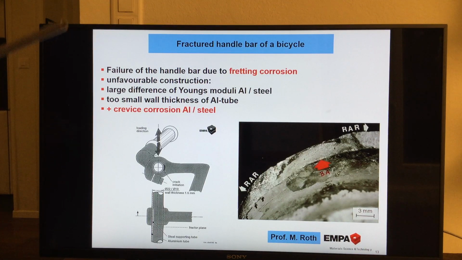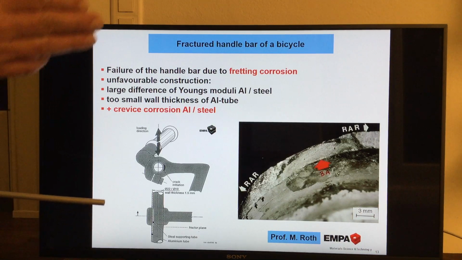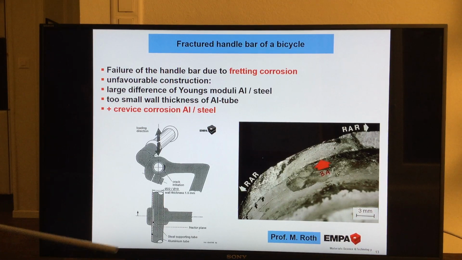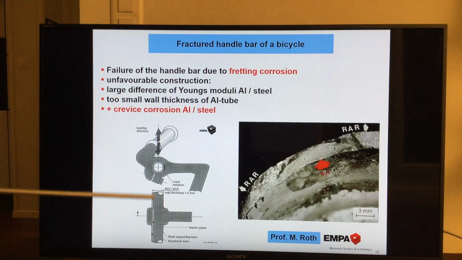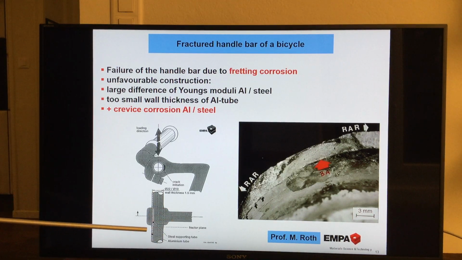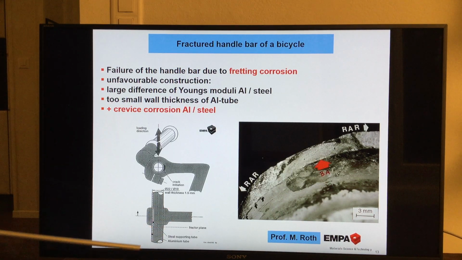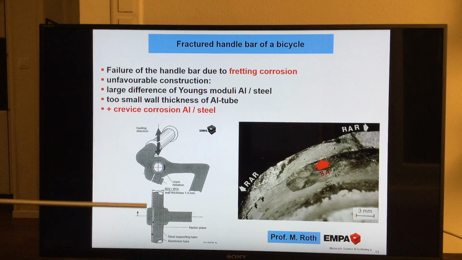And an additional effect, of course, not only one influence, there's an additional one. We have here crevice corrosion in this area, again here. There, humidity, you do not need water, you just need humid air, and the humid air is here available more or less, and then it's all the time humid here, and also the humidity cannot evaporate.